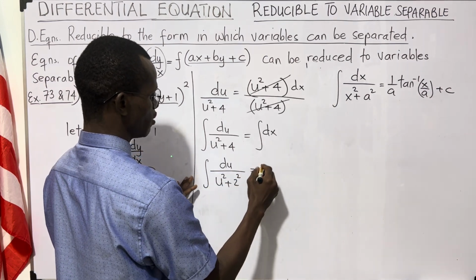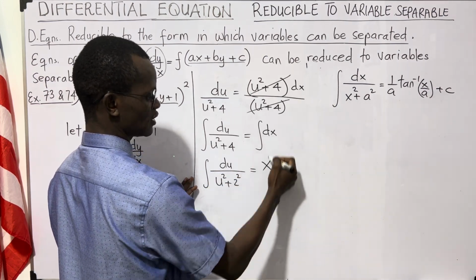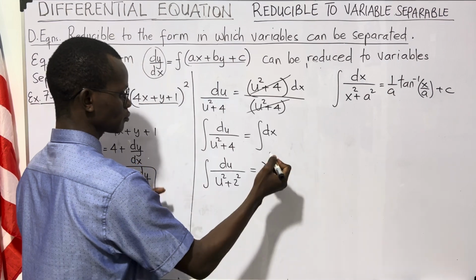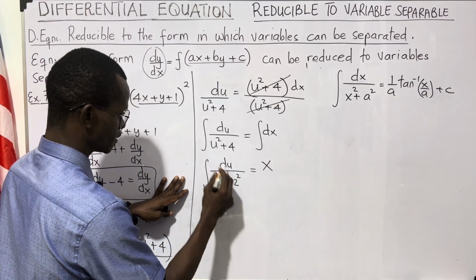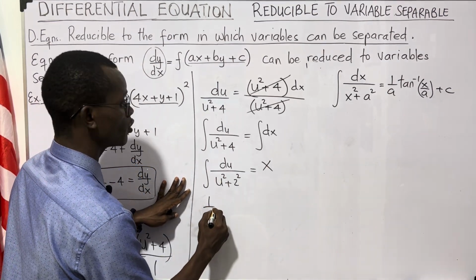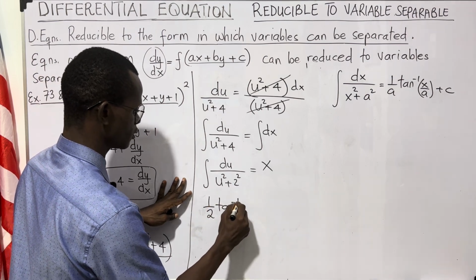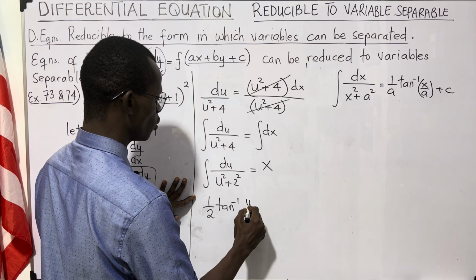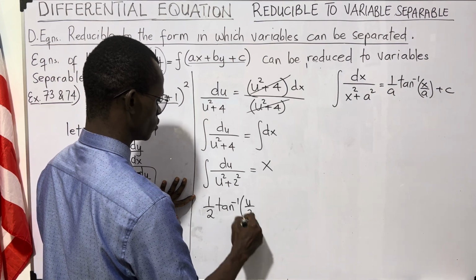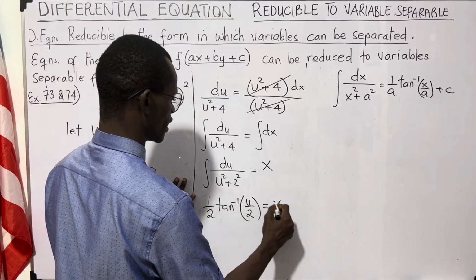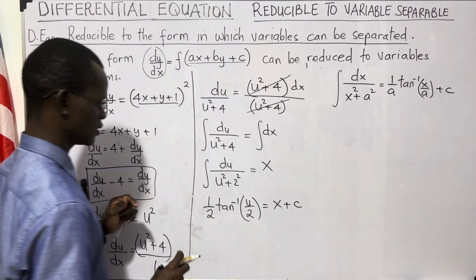So this will now give us, now the integral of dx is just x. So this now gives us 1 over a now, which is 2, tangent inverse of u over 2, equals to x plus some arbitrary constant c.